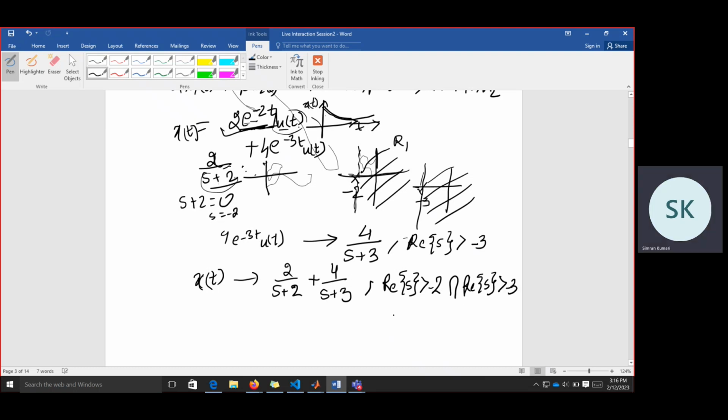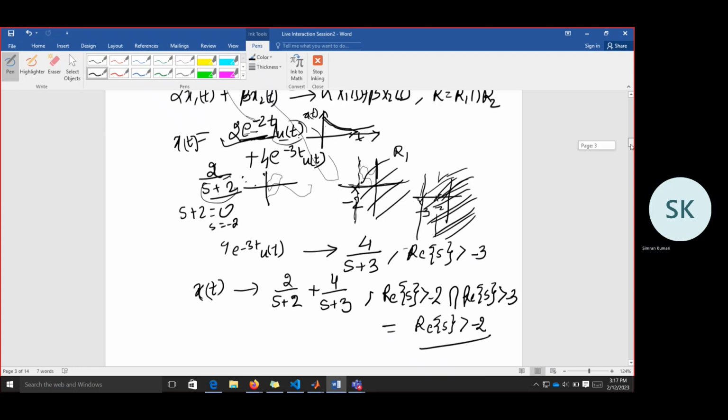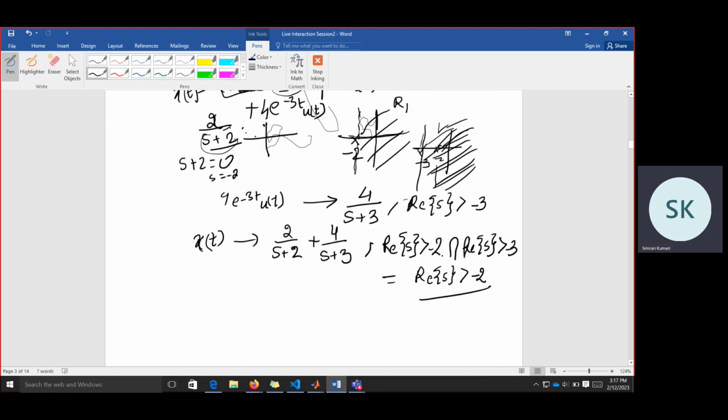Here is minus 3 and this is minus 2, so the intersection is the region greater than minus 2. The real part of s should be greater than minus 2. Is it clear up to now? This is the linearity property. And this intersection is valid.